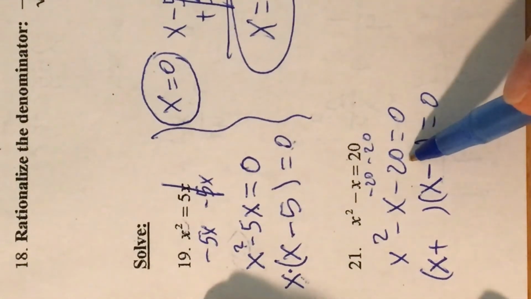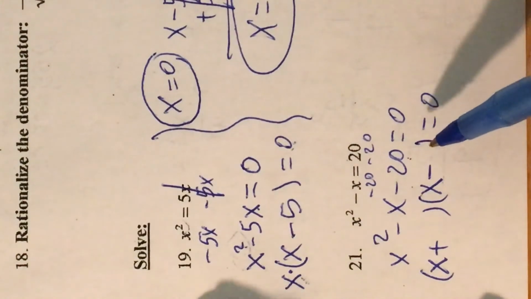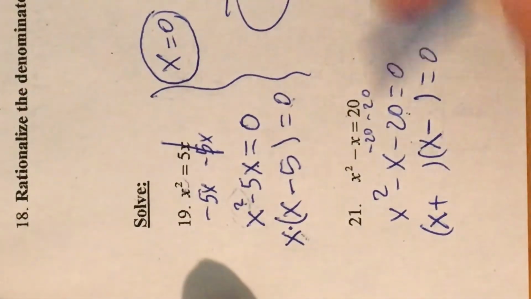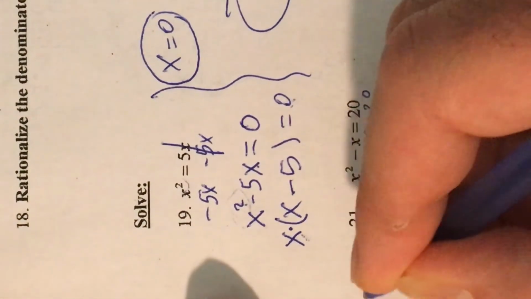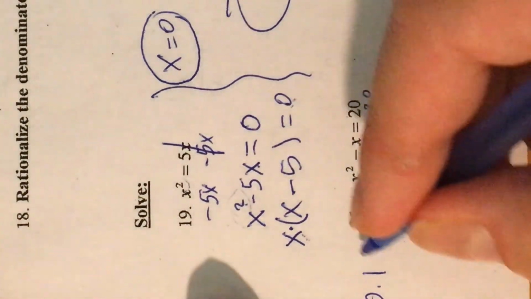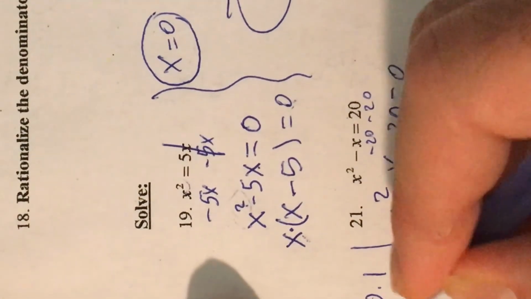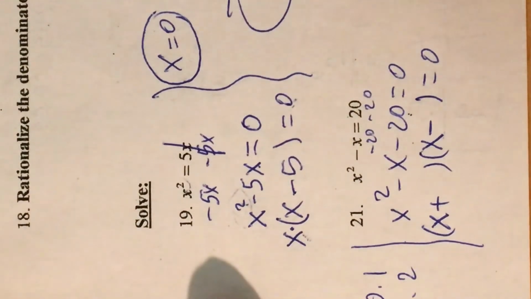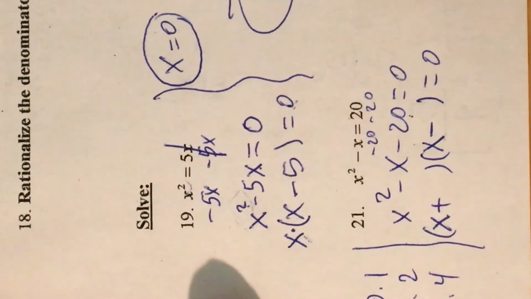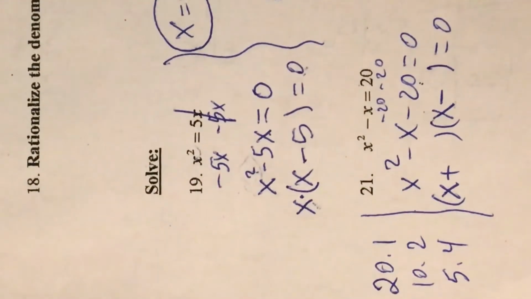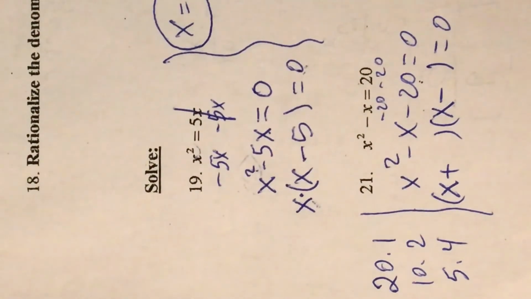And then look at the factors of 20. Okay, so what are the factors of 20? Let's list them. 20 times 1, that's one pair. 10 times 2, that's another pair. 5 times 4, that's another pair. I can't think of any other pairs.